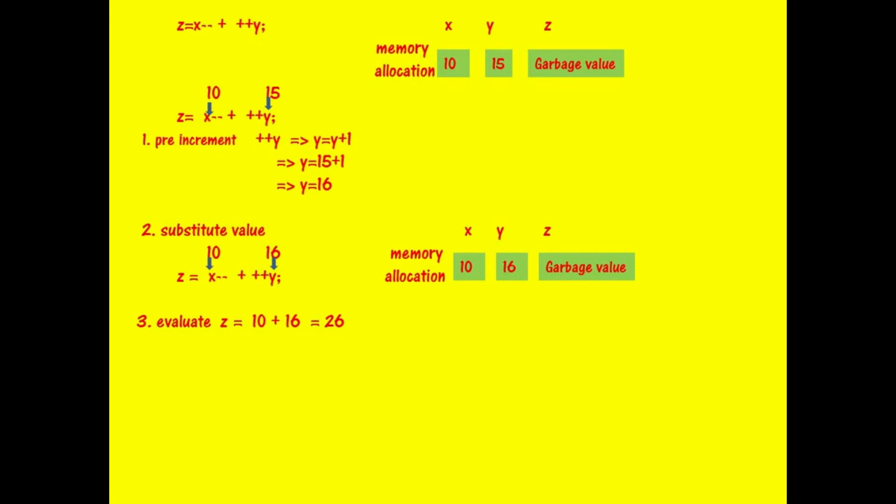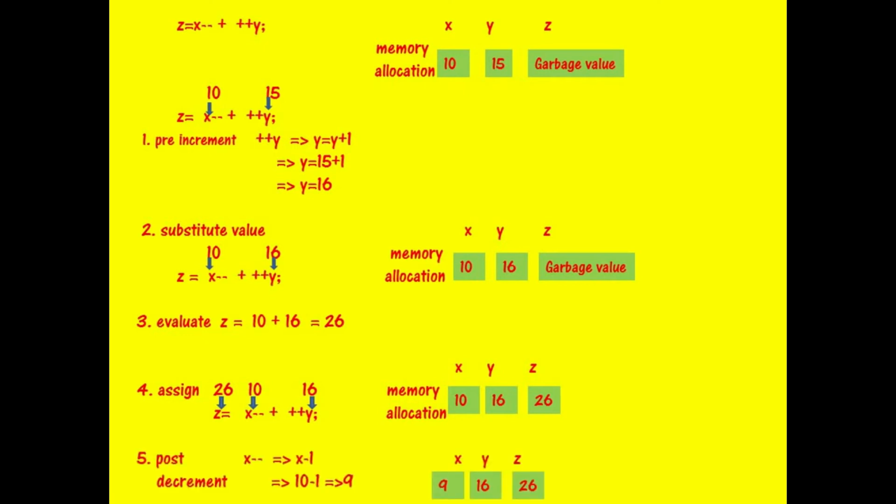Fourth step, assign the value. So here x is 10 now, y is 16 and z is 26. The garbage value is replaced by 26. Fifth step, any post-increment or post-decrement. Here the post-decrement is there, so execute this post-decrement, decrement by 1. x-- means x = x - 1.